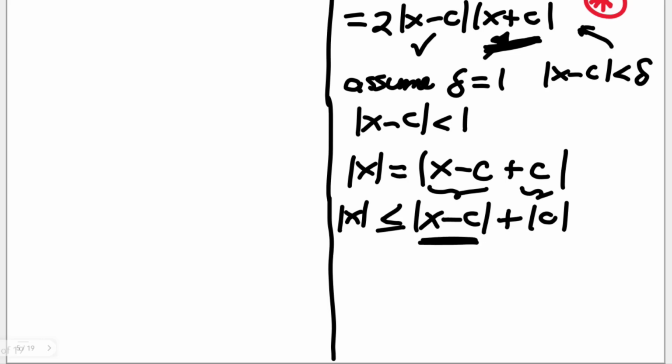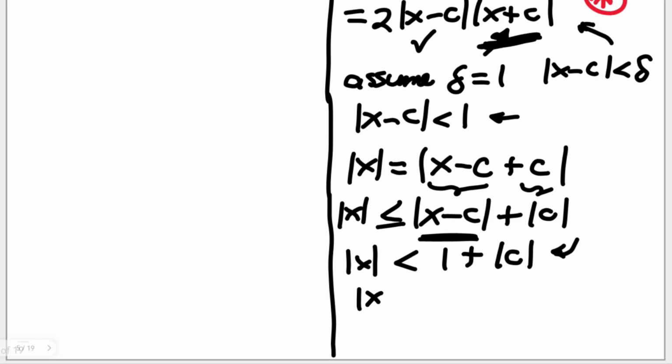Since we assume this already as less than 1, we'll have here the absolute value of x is less than 1 plus the absolute value of c. Take note, our goal is this. Why do we need to approach this manner? Because you will see that as you go back to the absolute value of x + c, we can use the triangle inequality. You have the absolute value of x plus the absolute value of c.